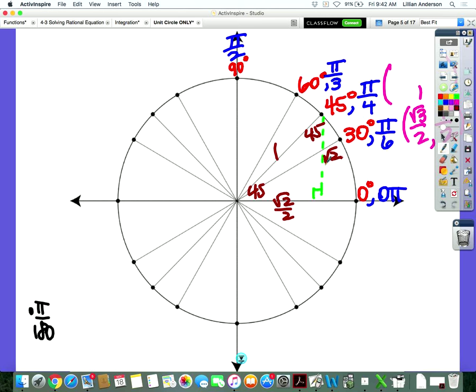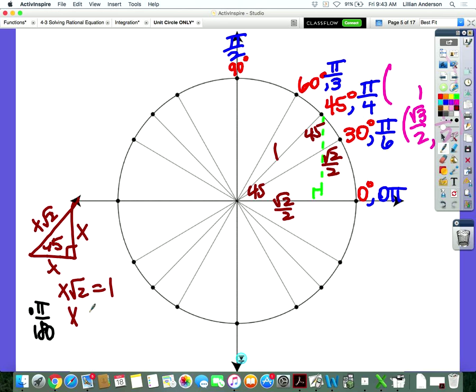Where does that come from? Okay, we'll spend just a little bit of time on this one. We know that in a 45-45-90 triangle, the legs are x and the hypotenuse is x square root of 2. If the hypotenuse is equal to 1, that means x square root of 2 is going to be equal to 1.